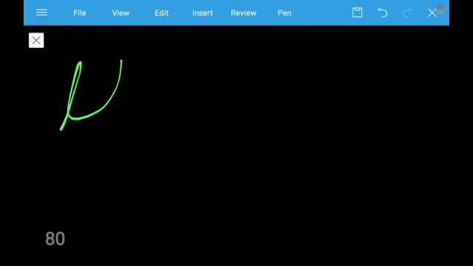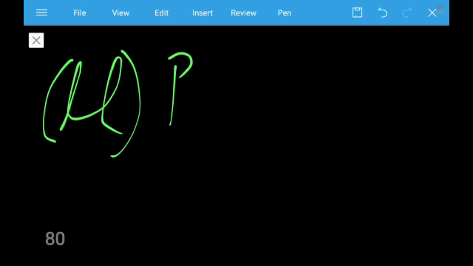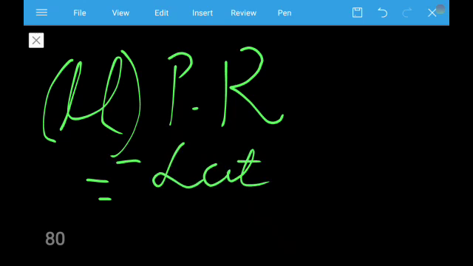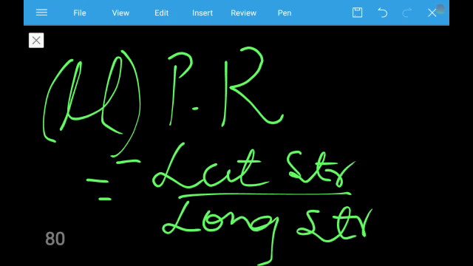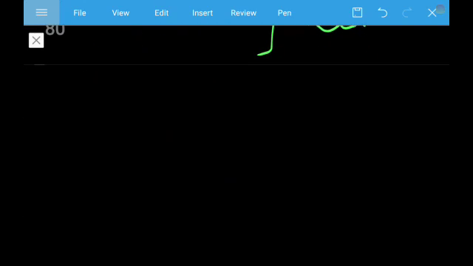Now comes the Poisson's ratio, which is most important and is very frequently asked in the examination. What is mu? Lateral strain upon longitudinal strain.